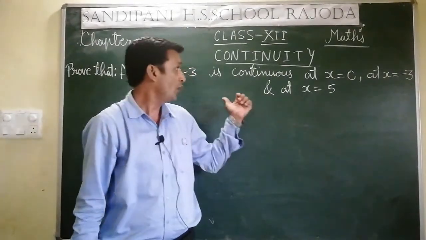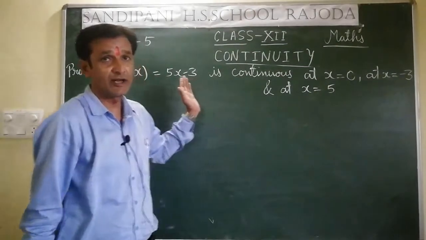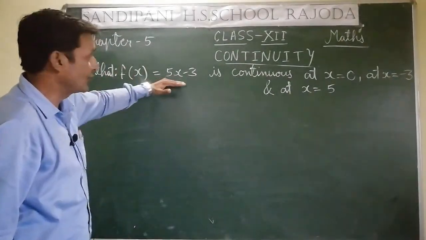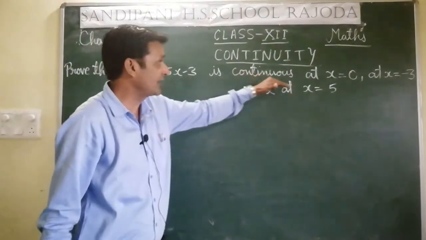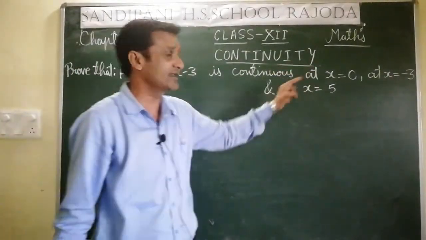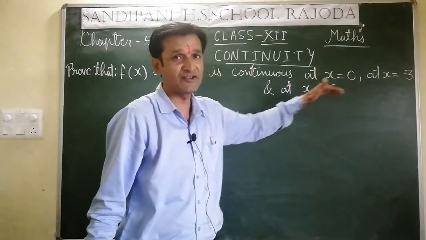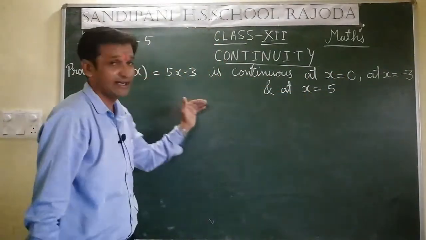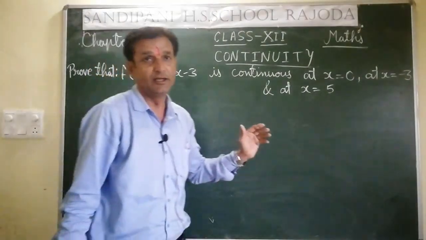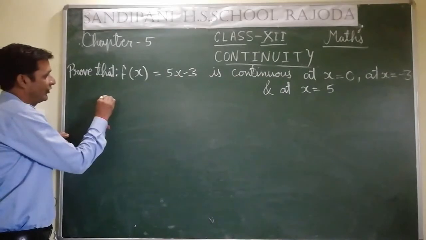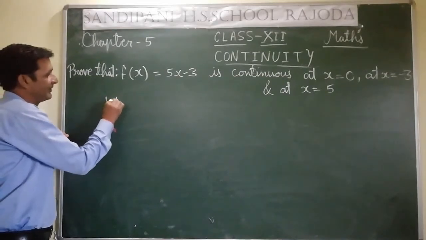So now I am telling you one question related to that continuity only. Prove that f of x is equal to 5x minus 3 is continuous at x is equal to 0, at x is equal to minus 3 and at x is equal to 5. On these 3 points we are checking one particular function, that either it is continuous or not. So first of all we have to take left hand limit.